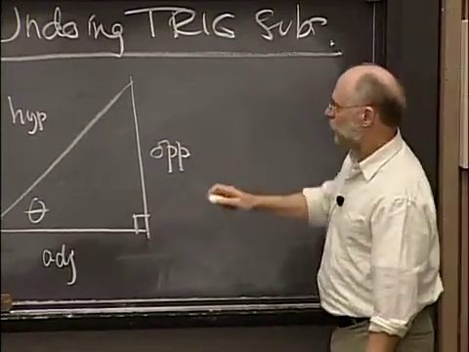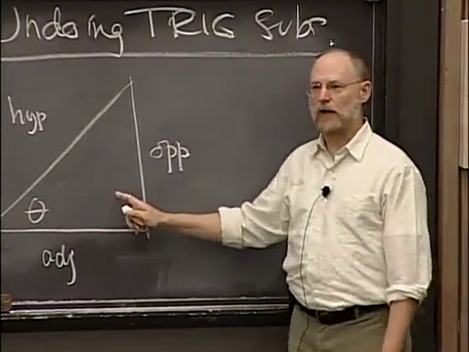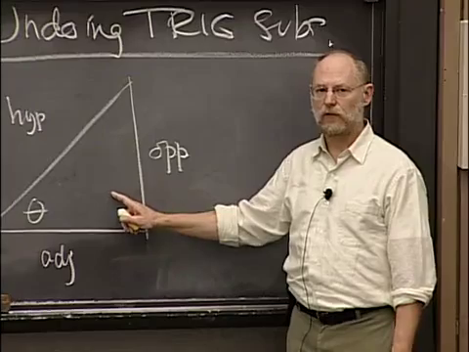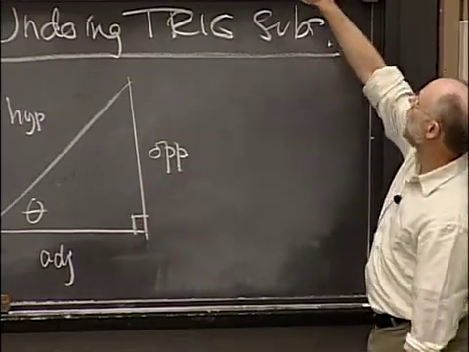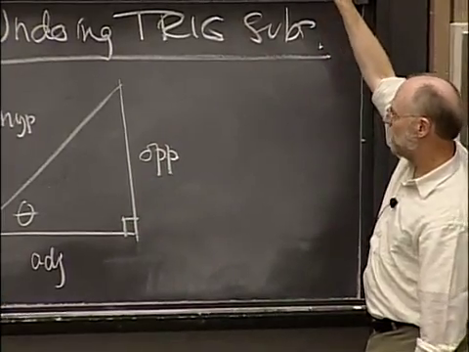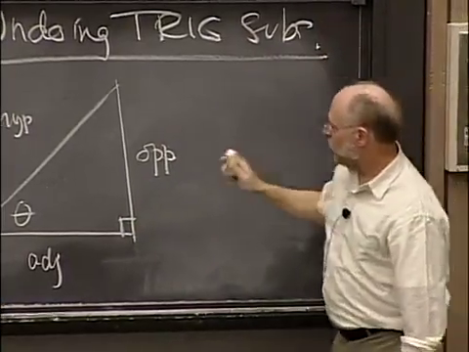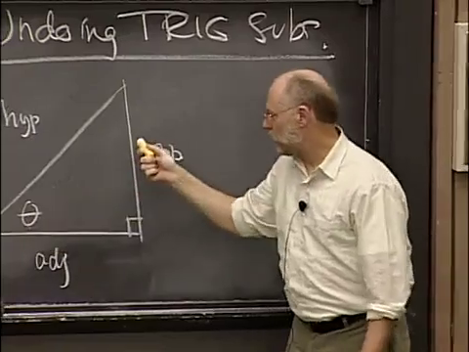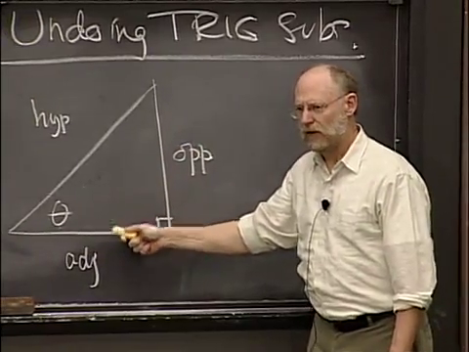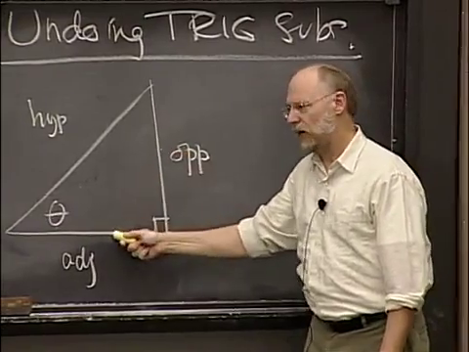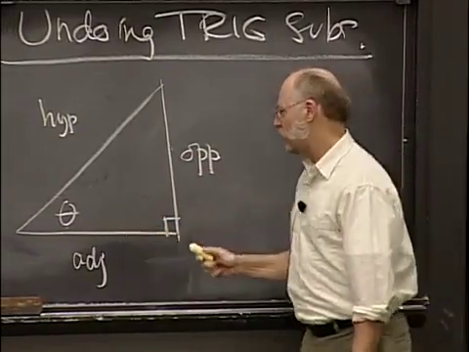Now, let's find out where x lies in this triangle and write the sides in terms of x. What I know is x is the tangent of theta. The tangent of this angle is opposite divided by adjacent. Did you learn SOHCAHTOA? Opposite divided by adjacent is the tangent.